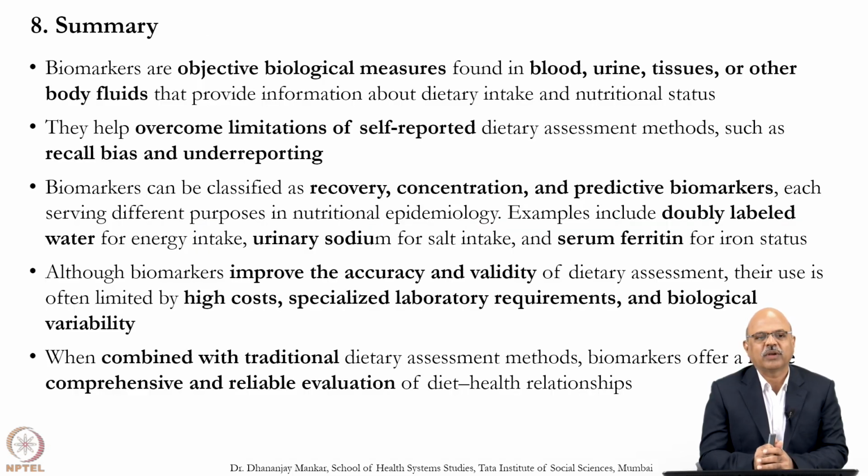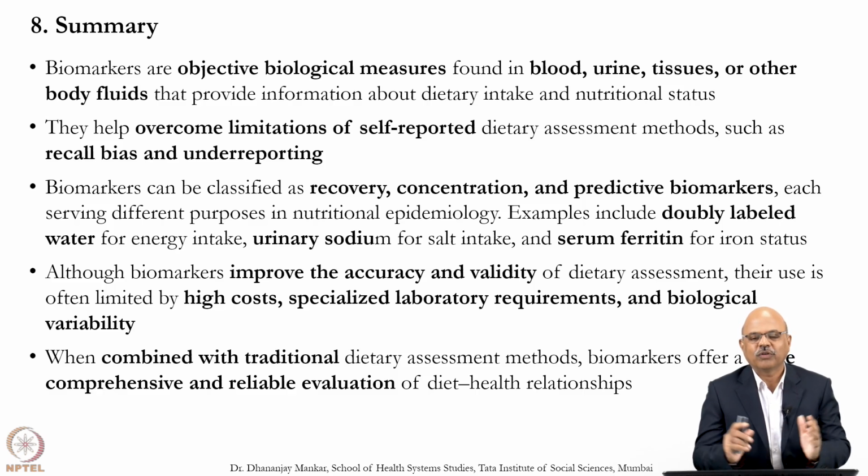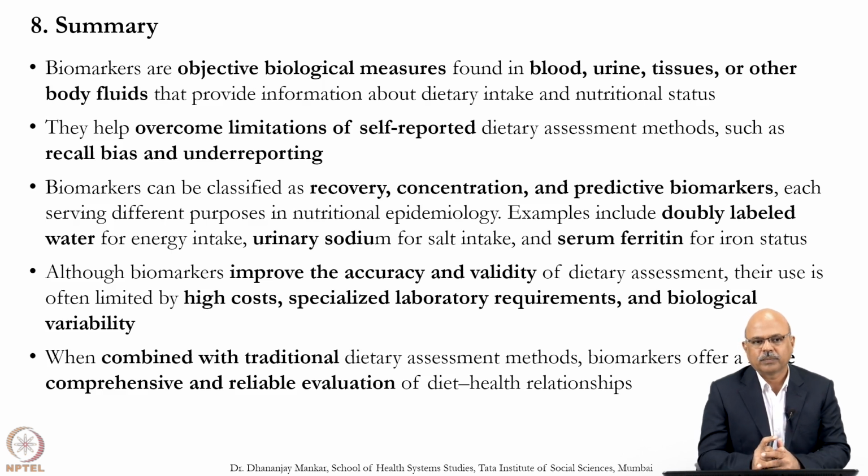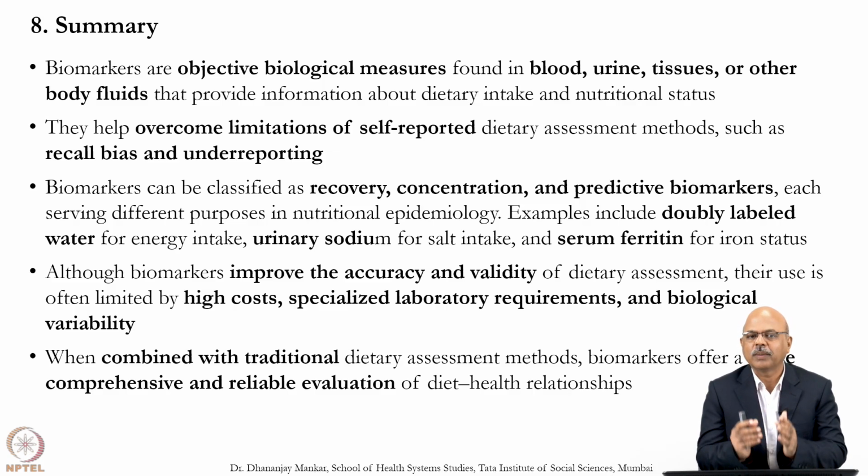In the summary of this chapter, I would like to state that biomarkers are objective biological measures found in blood, urine, tissue or other body fluids that provide information about dietary intake and nutritional status. Biomarkers help overcome limitations of self-reported dietary assessment methods such as recall bias and underreporting.